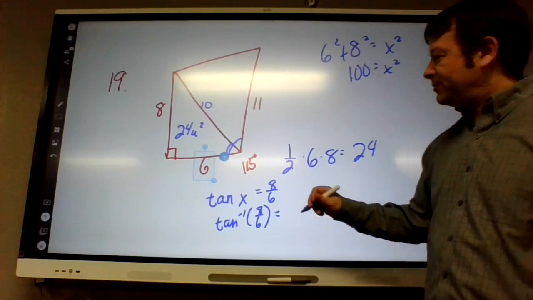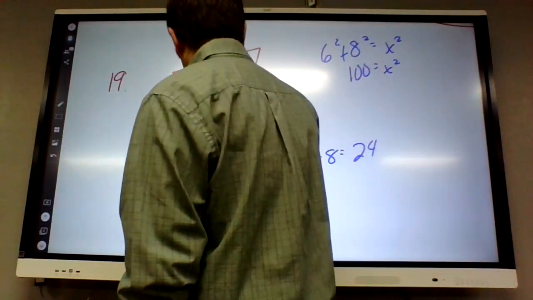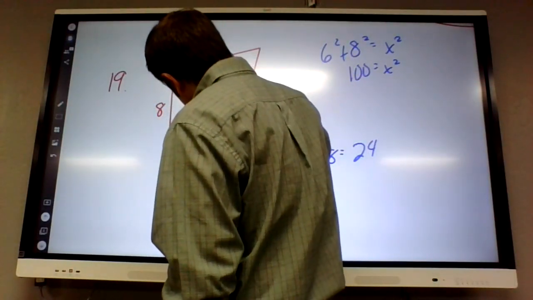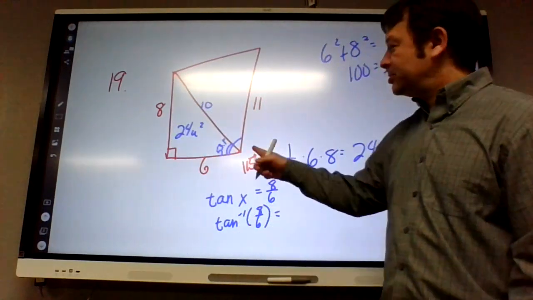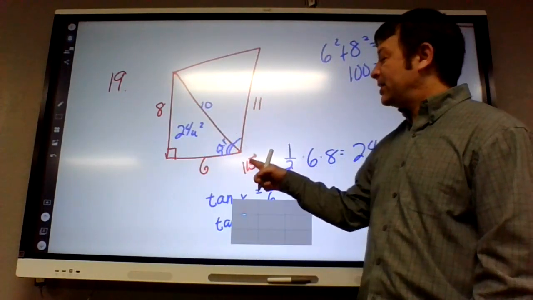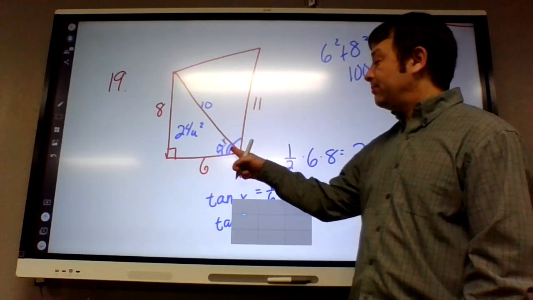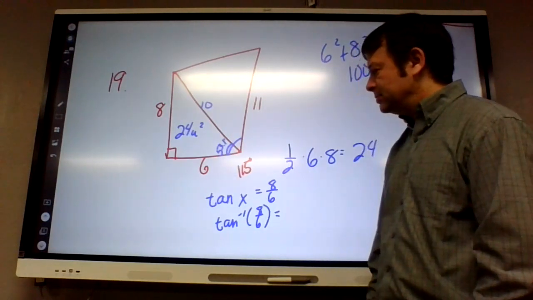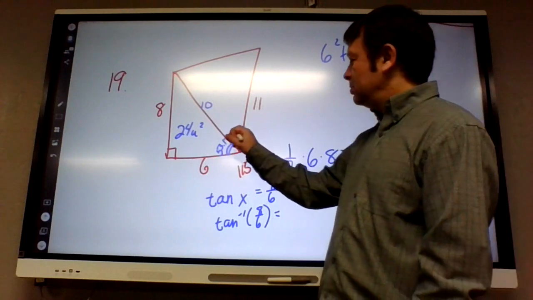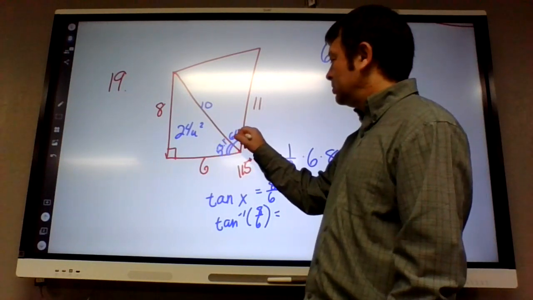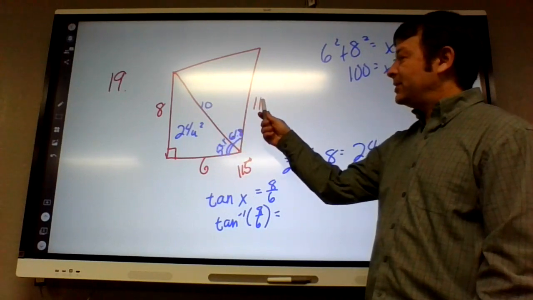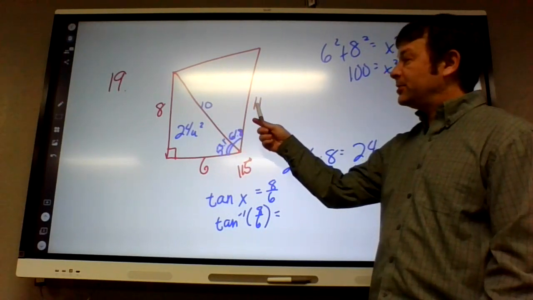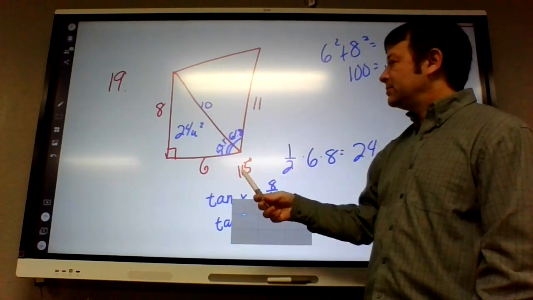Okay, let's just call it 53.1. Which means the angle on the other side would be 115 minus 53.1. 61.8. And we've got enough info. We've got our side angle side, so we can use our new area formula to find this triangle.